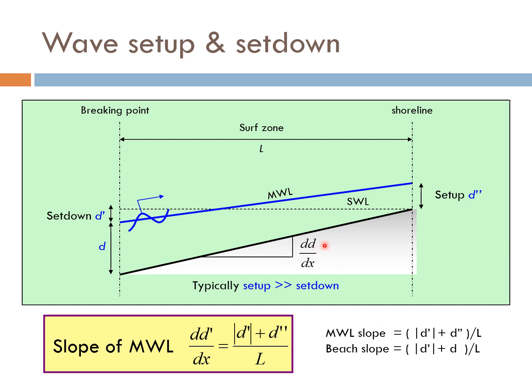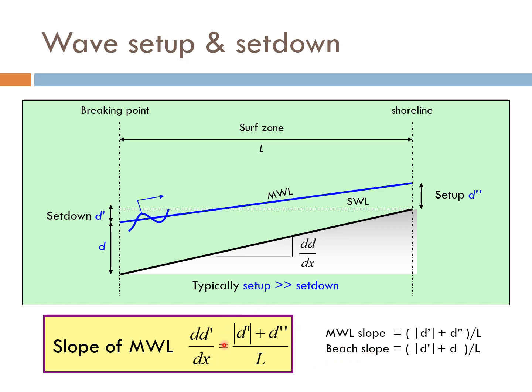The slope of the beach is given by d over the distance x. So if we look at the overall, then it's given by this triangle, which is d plus the magnitude of d prime over the distance of L. That is the beach slope.